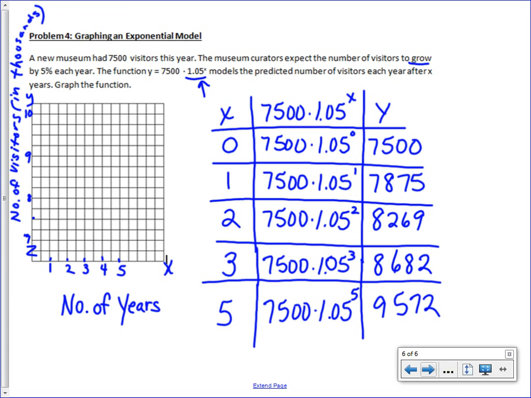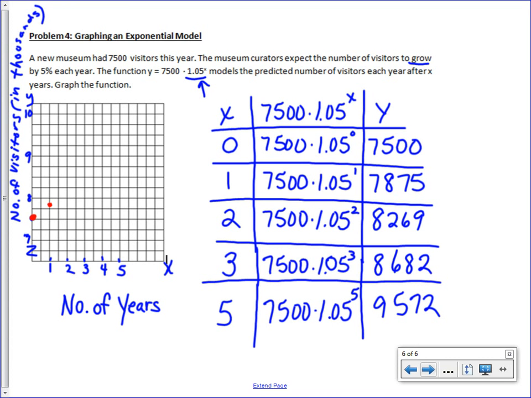Year 0, 7,500 would be right here. Let me use a different color so that kind of stands out. In year 1, 7,875. So this would be 7,750, and so it's going to be slightly higher than that.